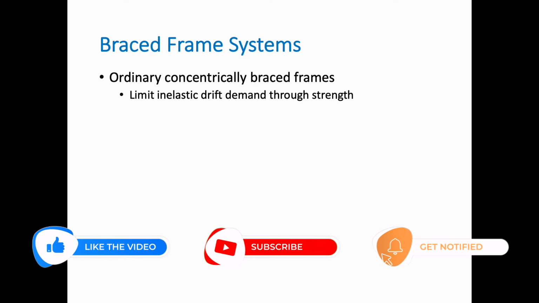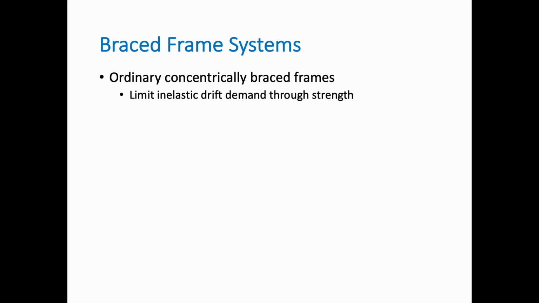Here we're talking about strong braced frames that have a low R factor or Q factor, and they are predominantly used for warehouse buildings or low buildings to mid-rise in seismic active zones, predominantly for low-rise buildings. So we are here talking about buildings that don't have much inelastic capacity.